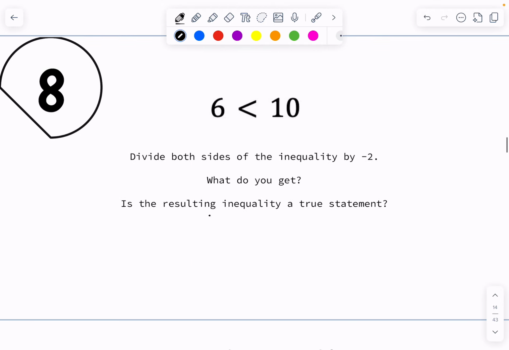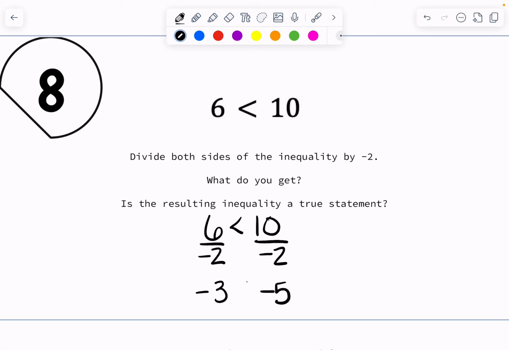We're going to start with that same inequality. 6 is less than 10. We can agree that that's true right now. We're actually going to divide both sides by -2 now. Again, I'm showing my division as a fraction because every fraction represents a division problem. So 6 divided by -2 gives me -3. 10 divided by -2 gives me -5.